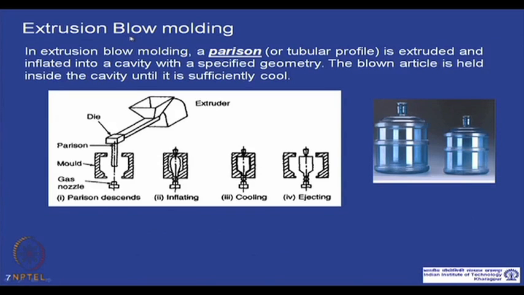Another technique is extrusion blow molding, where the extruded polymer is formed into a tubular profile. It is placed inside the mold, and then inert gas is injected to inflate this tubular profile until it takes the shape of the mold.